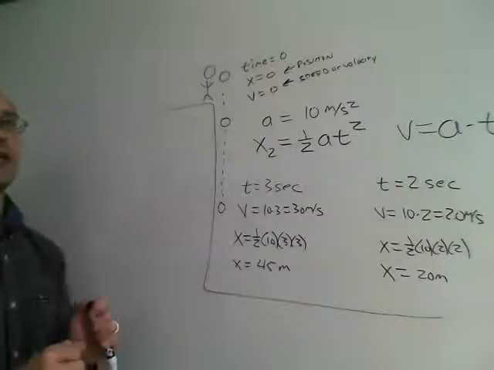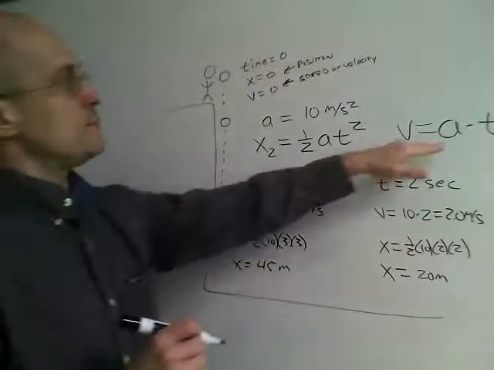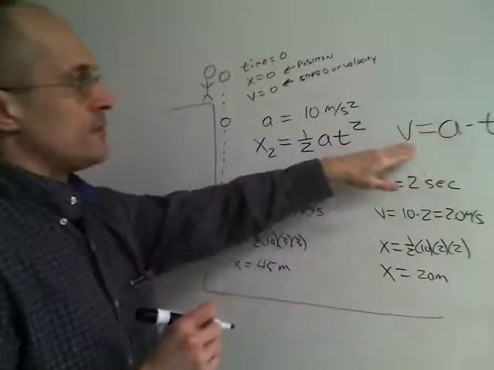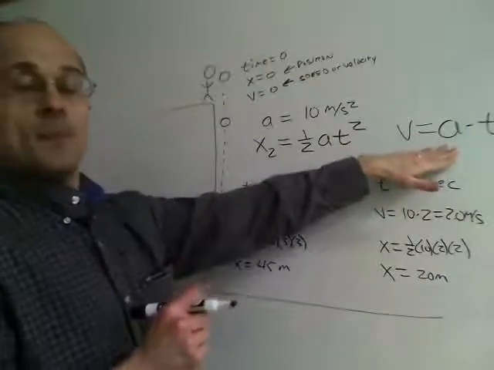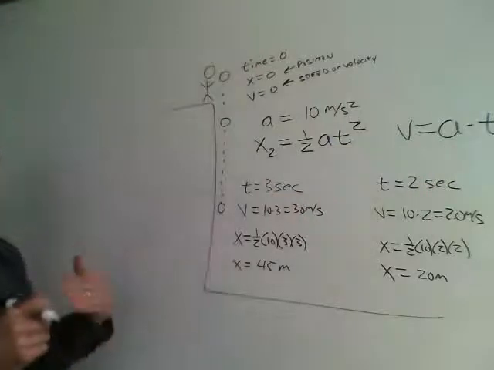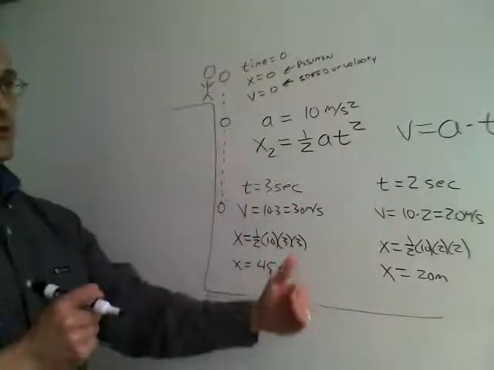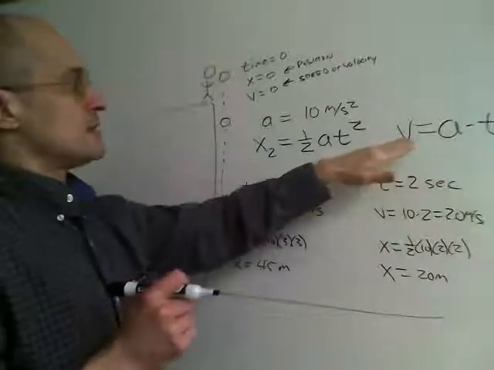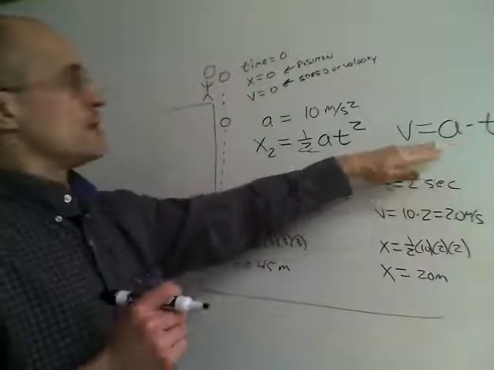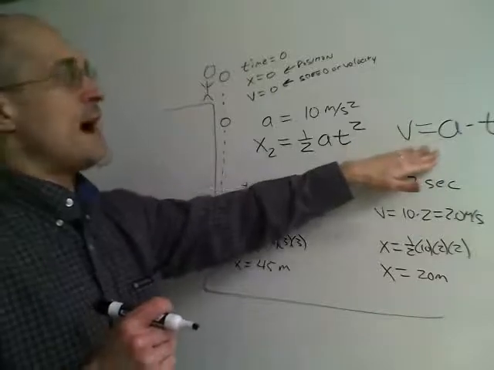So we don't want to confuse acceleration and velocity. The velocity depends on the acceleration. The acceleration tells you the rate at which your velocity changes. So don't confuse accelerations and velocities. Your velocity is how fast.